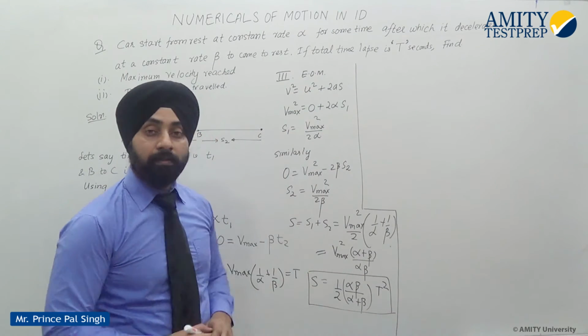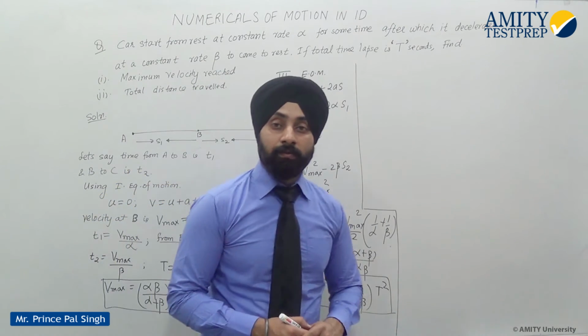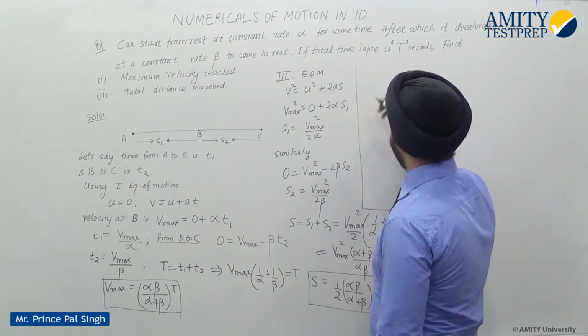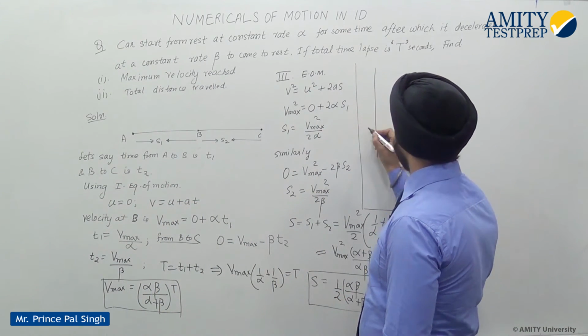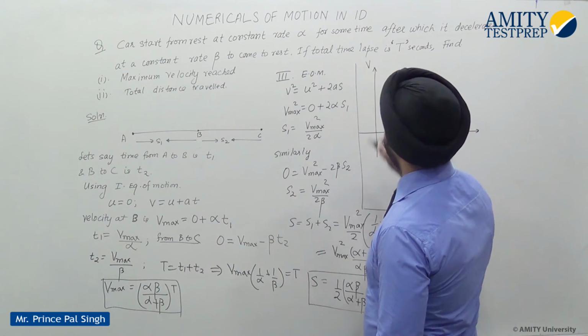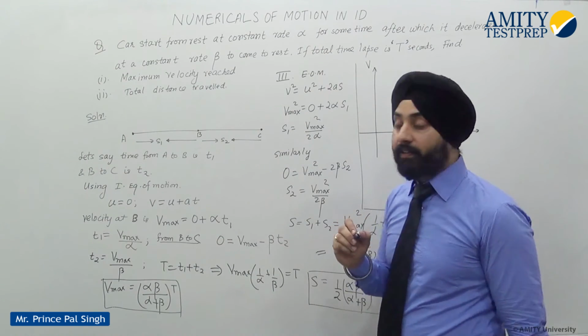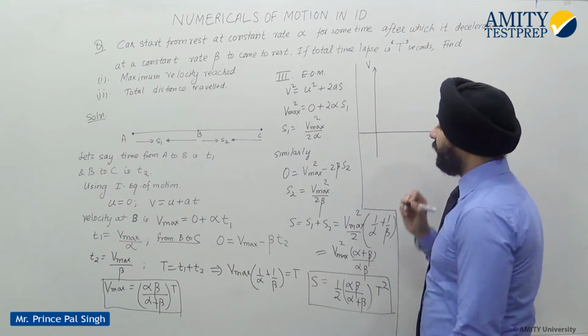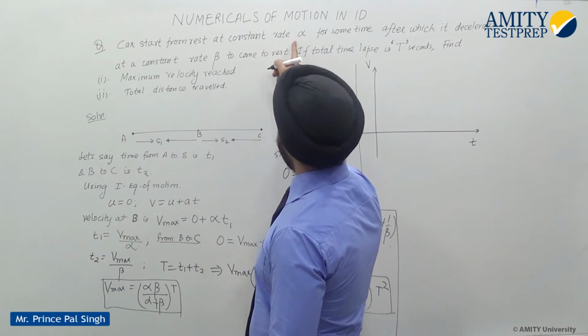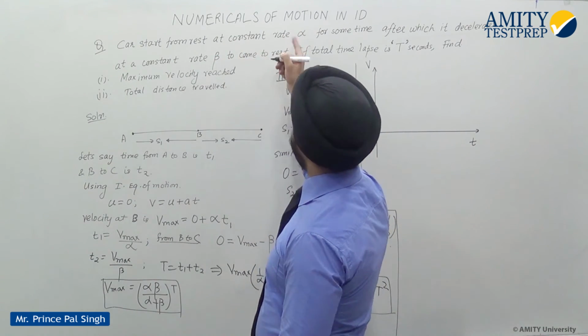We can do this question by the graphical method also, that is by drawing the velocity-time graph. So this is velocity on the y-axis and this is time on the x-axis. The car is starting from rest at constant acceleration alpha.